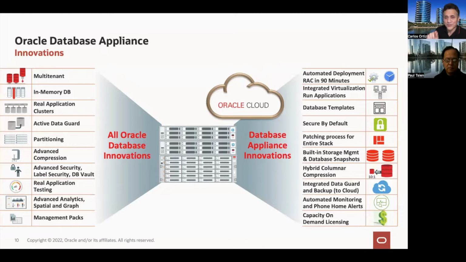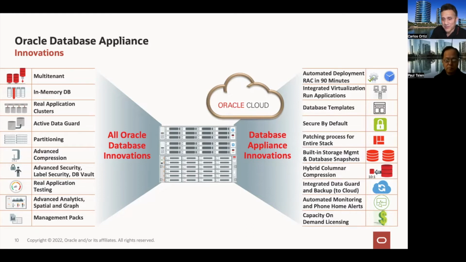Some examples are, if you need to implement a RAC, the HA model can be deployed in 90 minutes or less. You can run applications in the same system. Database templates, when you create databases, you just specify the template that you want and it is optimized for performance.